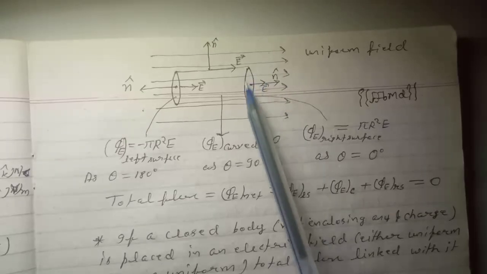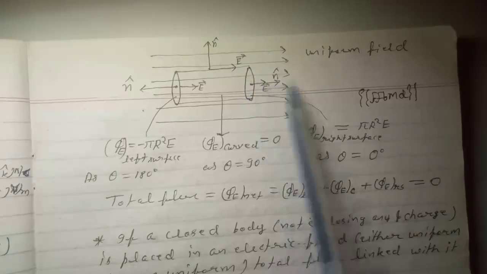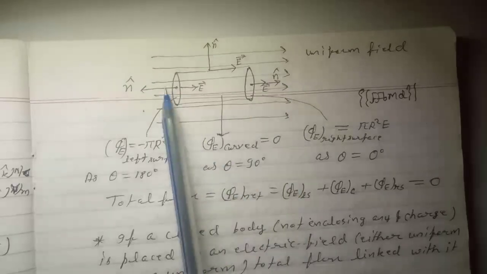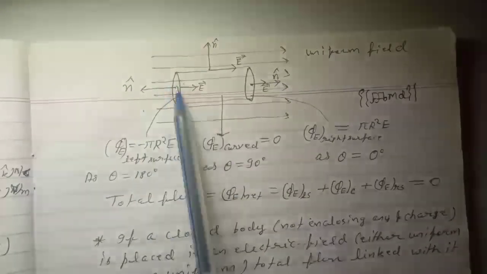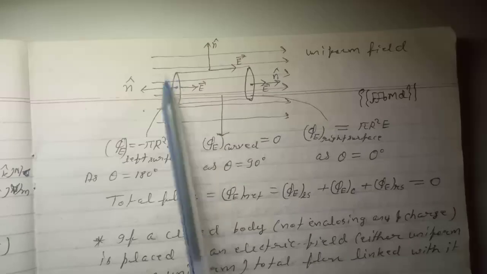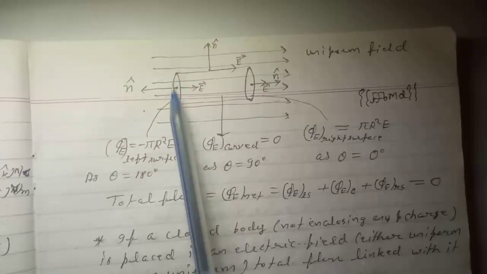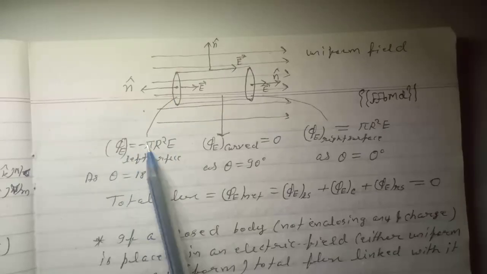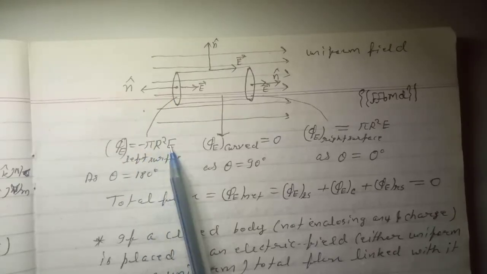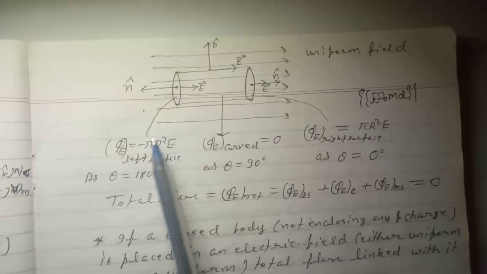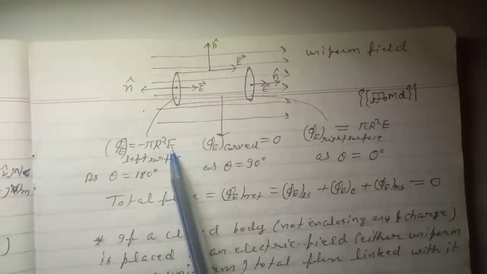So flux through this circular surface will be positive, and here n cap is in this direction and the area vector is in this direction, so flux of this surface will be negative, given by phi equals minus pi r square into E, because the area is pi r square and the electric field strength is E.